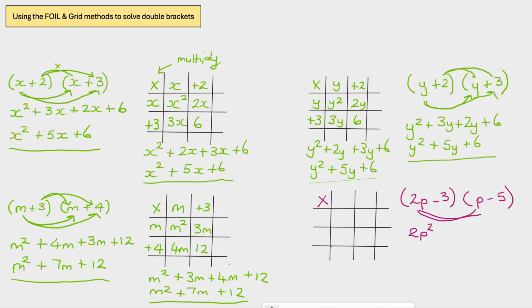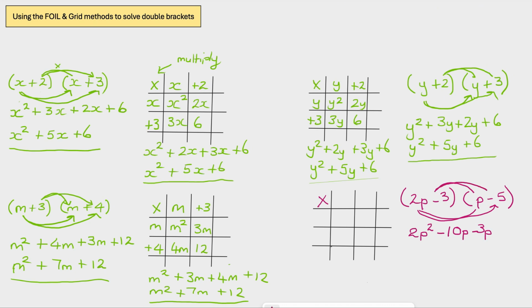Now let's go over to here. A bit more simpler, 2p times minus 5 is negative 10p. Let's go over. Minus 3 times p is minus 3p.